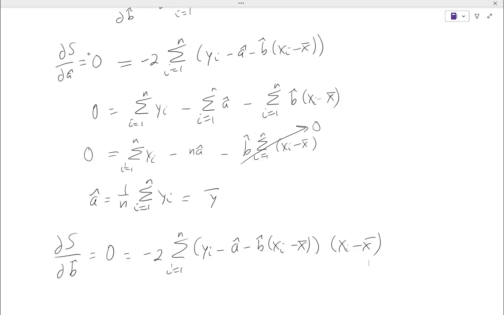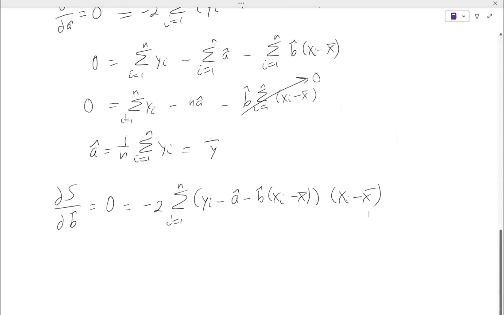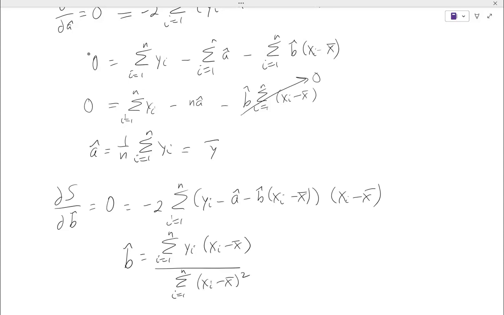Rather than going through all of that algebra, I'm just going to write down what your b should be. This is why I didn't want to go through all the algebra. Okay. That's what your b will be.